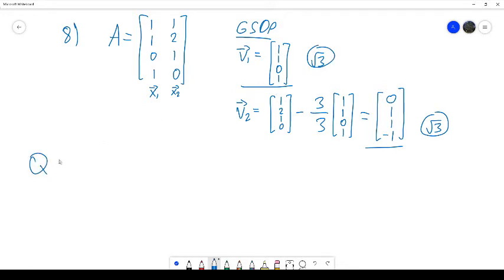So when we make the Q matrix, we're going to take these 2 columns, but just divide them by the square root of 3. So we get 1 over root 3, 1 over root 3, 0, and 1 over root 3. And then for v2, we get 0, 1 over root 3, 1 over root 3, and negative 1 over root 3.